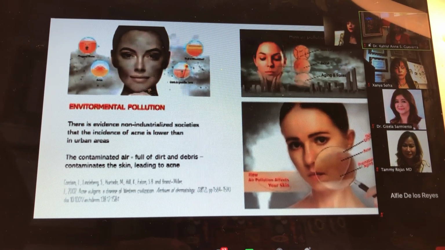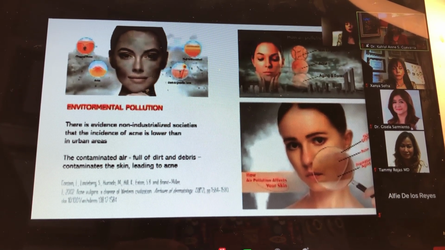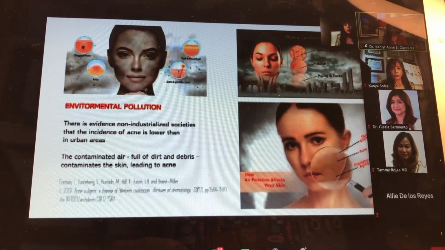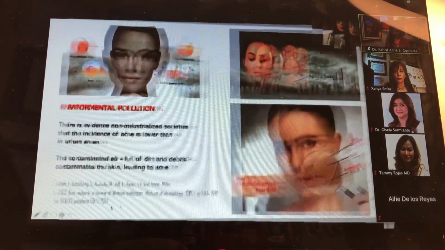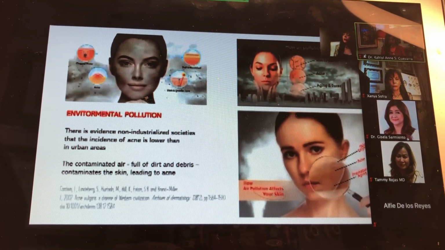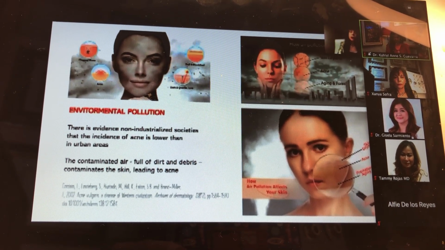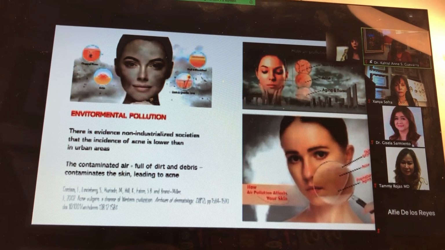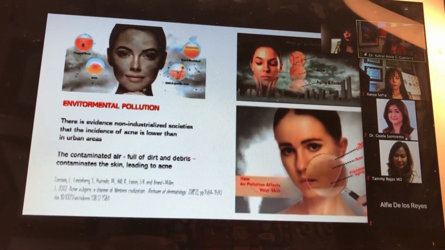Environmental pollution is a very significant contributor to acne. There is evidence from non-industrialized societies that the incidence of acne is much lower than in urban areas. Contaminated air full of dirt and debris contaminates the skin, leading to acne.